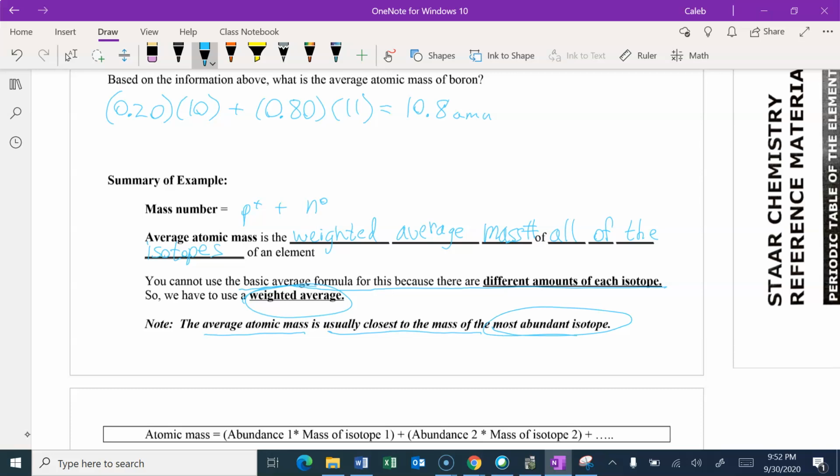So that would make sense. 10.8 is closer to 11 than to 10, and the reason is because we have a greater percentage of it, okay? So I'm going to undo those marks on there, but a greater percentage means it's more abundant, and your mass should be closer to that mass. The average mass should be closer to the mass of that isotope.